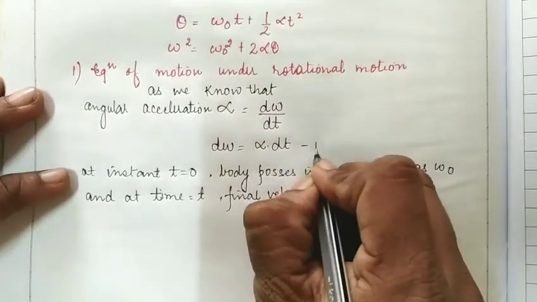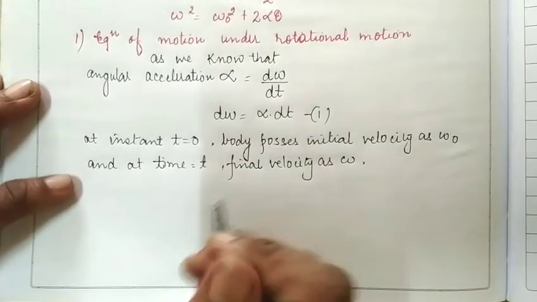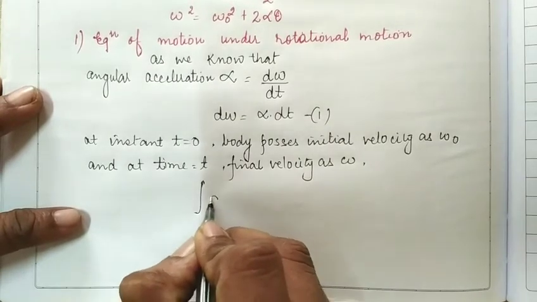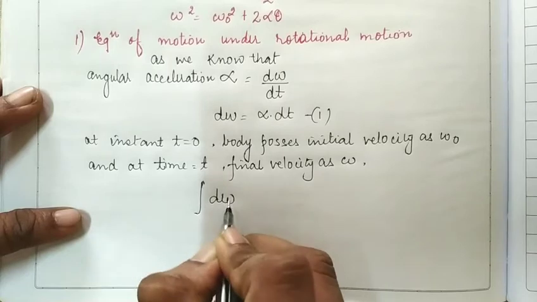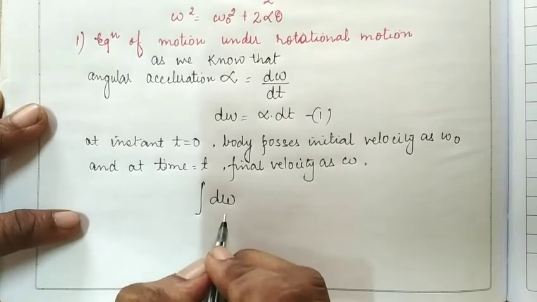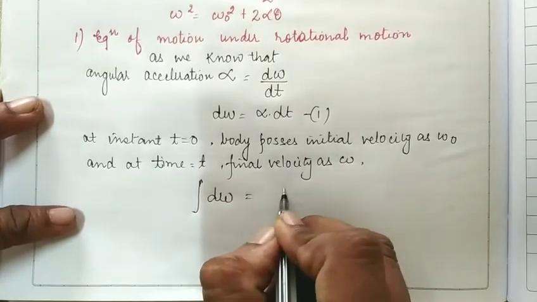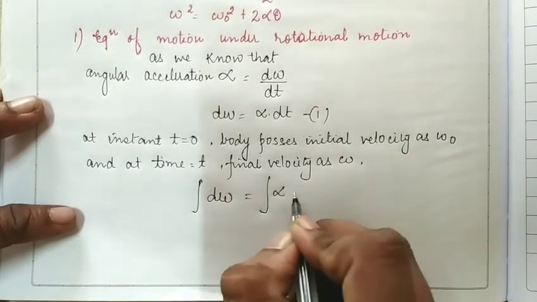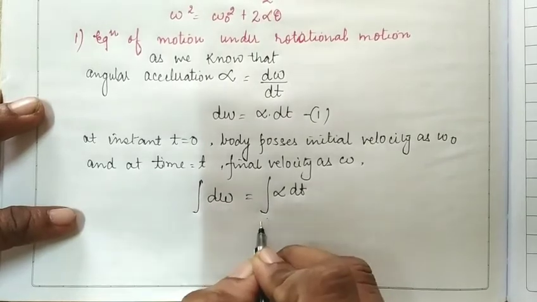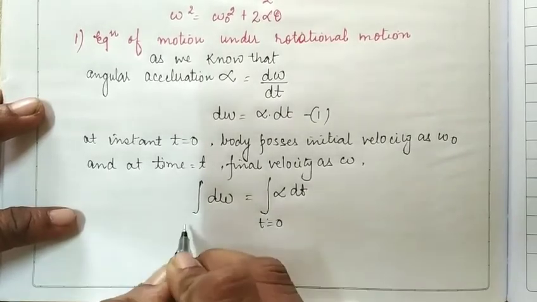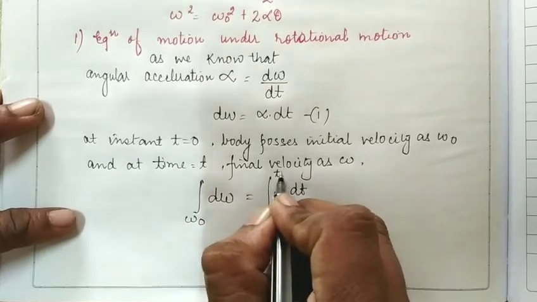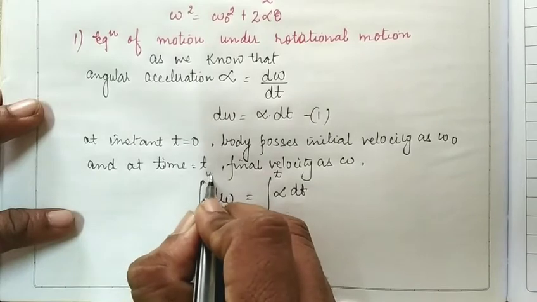Let us suppose that this is equation number 1. So let's integrate for the whole journey. The integration of d omega, that is the change in angular velocity, equals the integration of alpha dt. When time t was 0, the body has initial velocity omega naught. When time becomes t, its final velocity is omega.